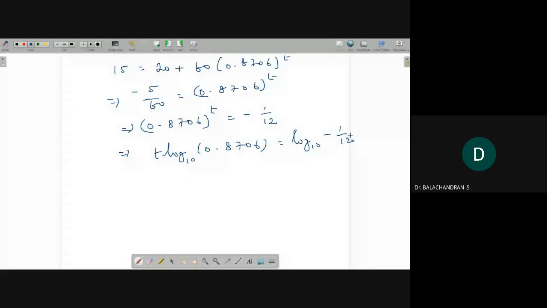So can you tell the t value using calci?